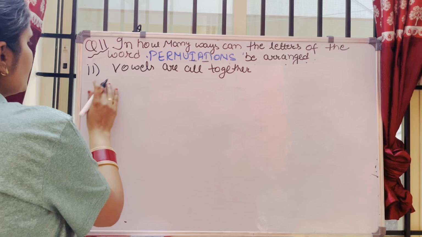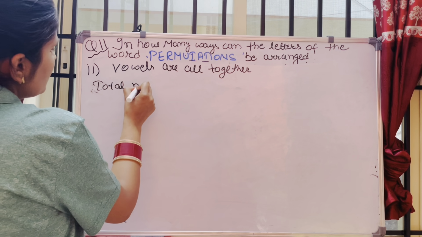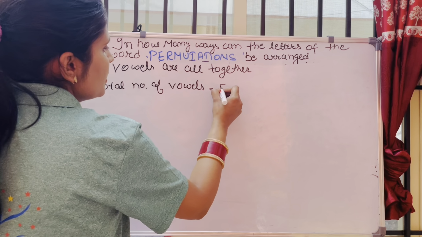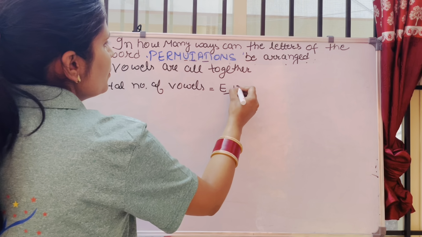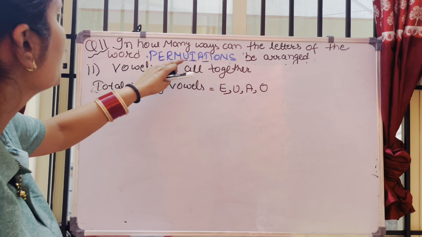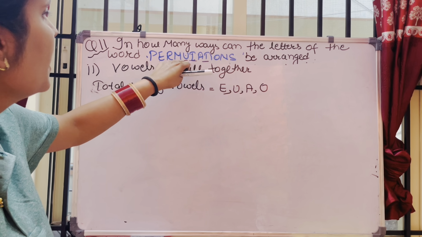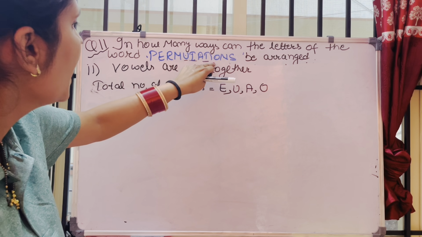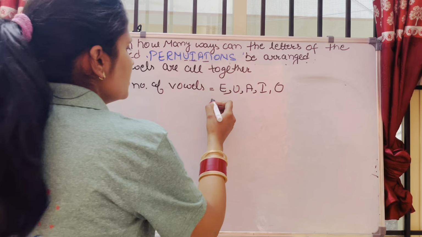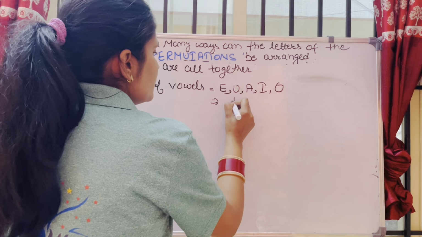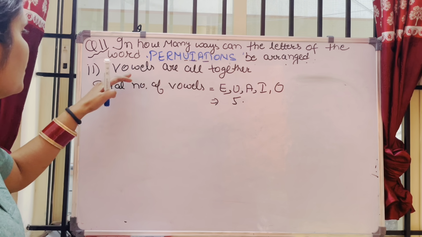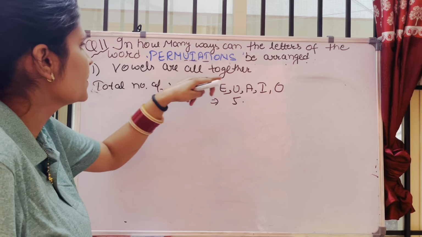The total number of vowels: E, U, A, I, O. So here 1, 2, 3, 4, 5. 5 vowels are there, right? So we have to find the arrangements where the vowels are all together.